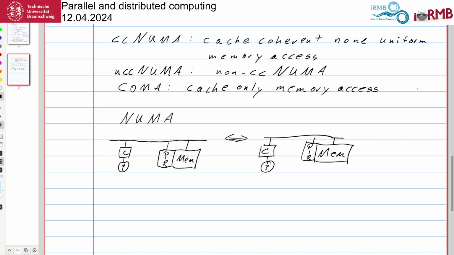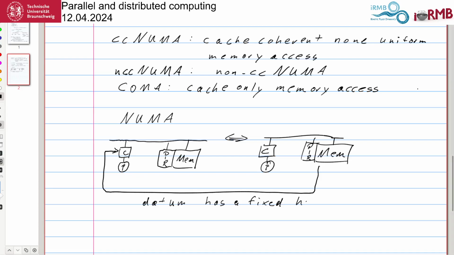And what happens in NUMA is that the data that is located in the other part of the memory goes into the cache, and the design feature here is that the datum, as the singular of data, the datum, has a fixed home.